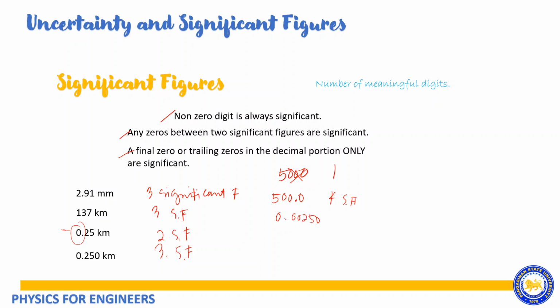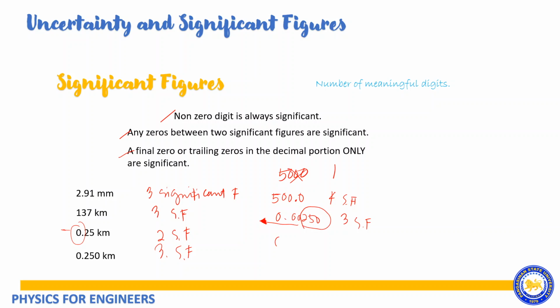Okay? Paano naman kapag 0.00250? Okay. Ang significant figure nito ay tatlo. Ma'am, paano po naging tatlo? Ito lang po kasi yung significant. Yung zero before, hindi siya trailing zero ang tawag dyan. Kaya, hindi siya counted as significant figure.